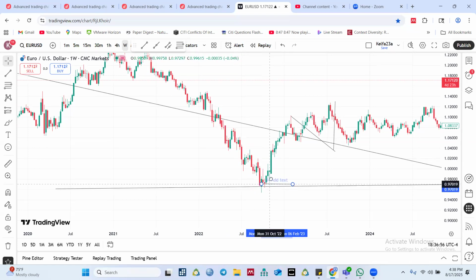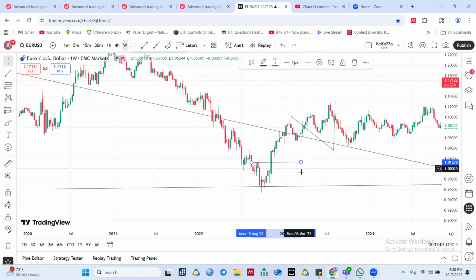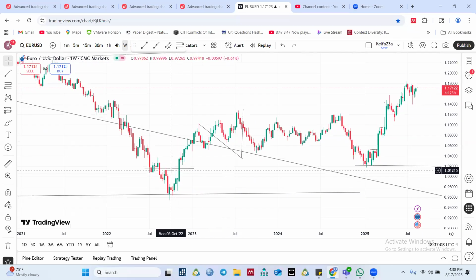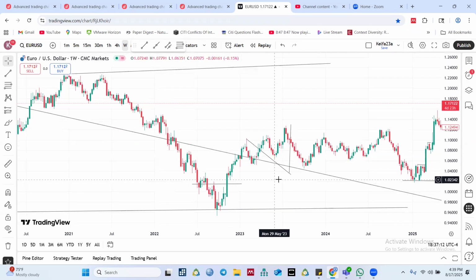When the market moved up and took that high out, we call it a shift or a change of character. So from this point, we changed character to a bullish move.